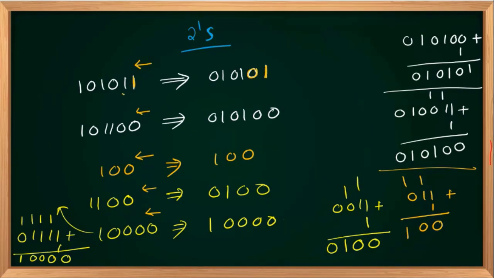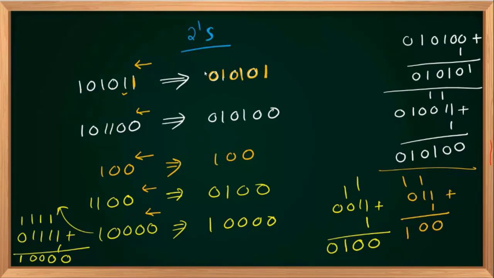This 1 I am complementing to 0. This 0 I am complementing to 1. This 1 I am complementing to 0. This 0 I am complementing to 1. This 1 I am complementing to 0. Start from the right extreme towards left. Repeat the pattern until you are observing a 1. After that, just complement the individual digits.